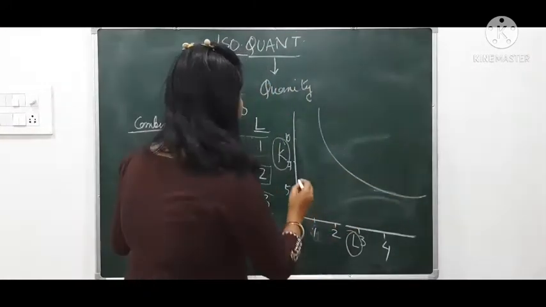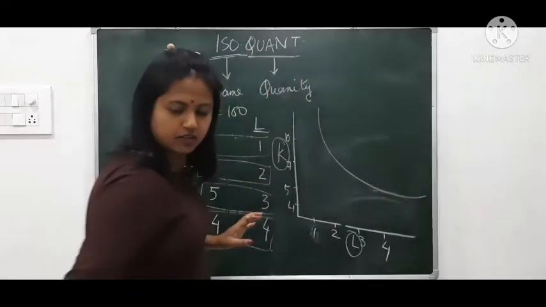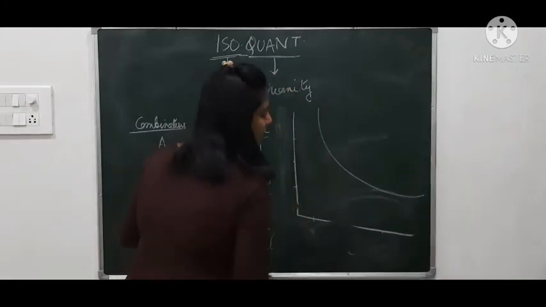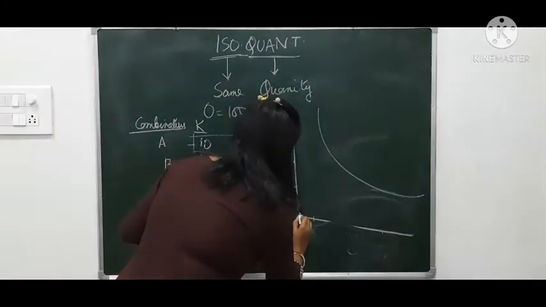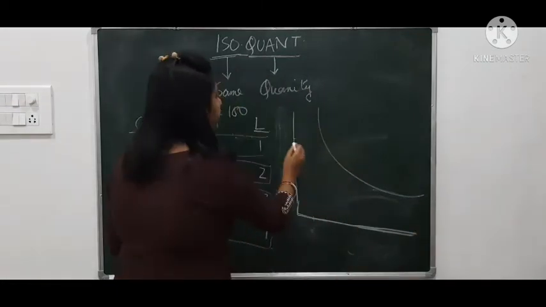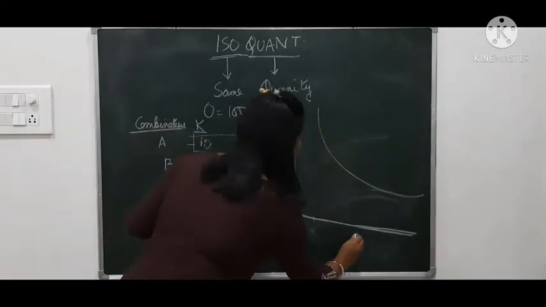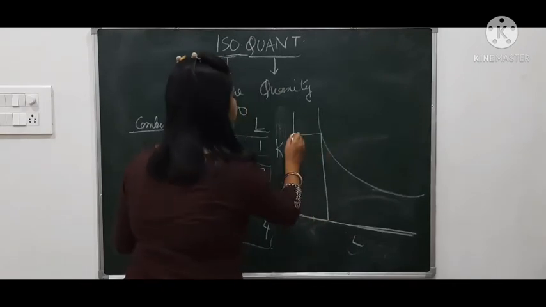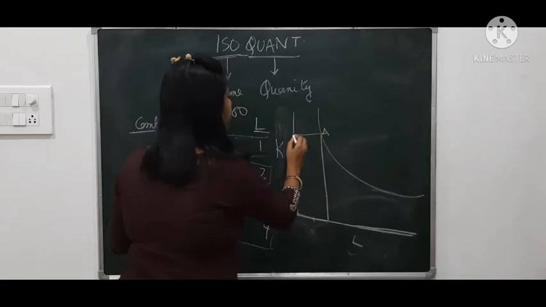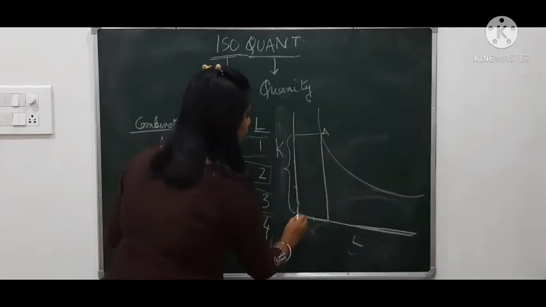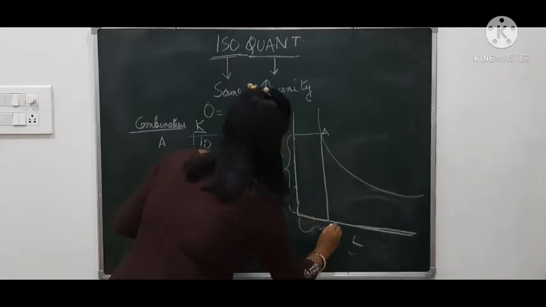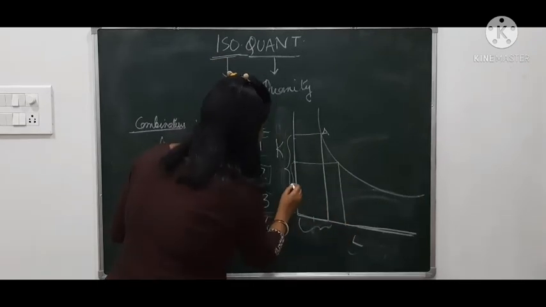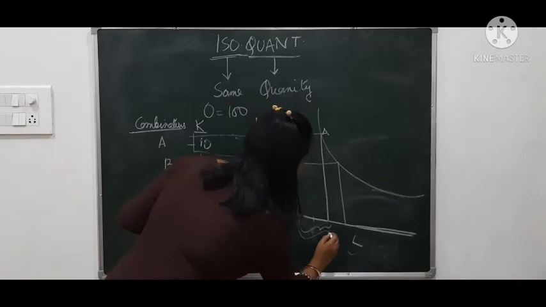Please try to notice that it is downward sloping. This is your capital and this is your labor. If you are at point A, suppose this is combination A, you are using this much capital and this much labor. If you go here, you are using a lesser amount of capital and more labor.